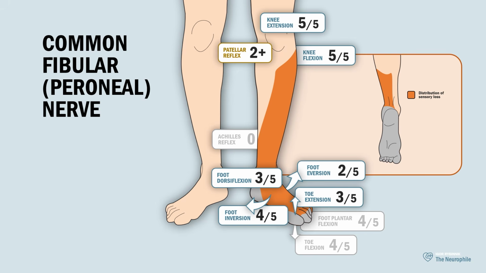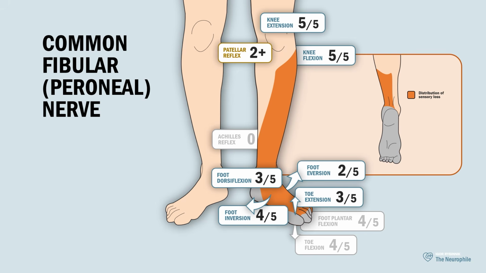Foot plantar flexion and toe flexion are not mediated by the common fibular nerve. They're handled by the tibial nerve. You might also point out that the Achilles reflex and sensation on the sole of the foot are also tibial nerve territory. But I'd remind you that this patient has diabetes, so it's entirely possible that a pre-existing diabetic neuropathy is responsible for those two findings. In other words, true and unrelated.